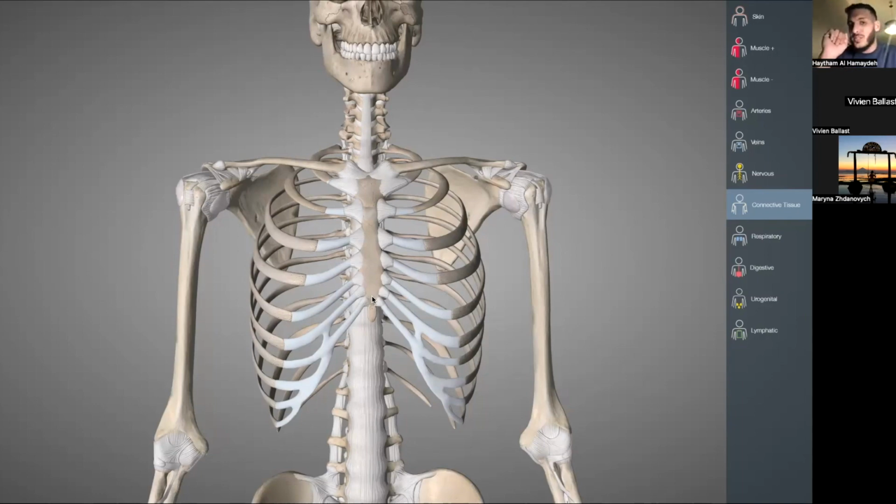That's why they articulate anteriorly with the sternum by their costal cartilages. Here, see, costal cartilages. This is not bone. These are cartilages. These are connective tissues.